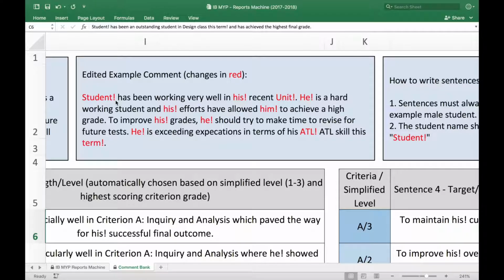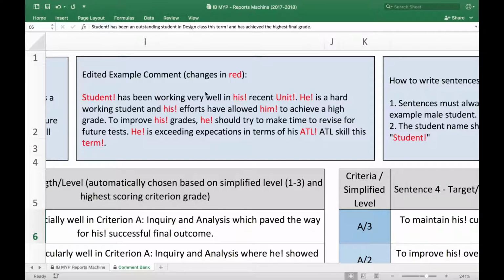You'll also notice that this has been written for a male student. That is important because of the difference in the English language of his and him for a male student. If it was a female student, these words would just be her and her.